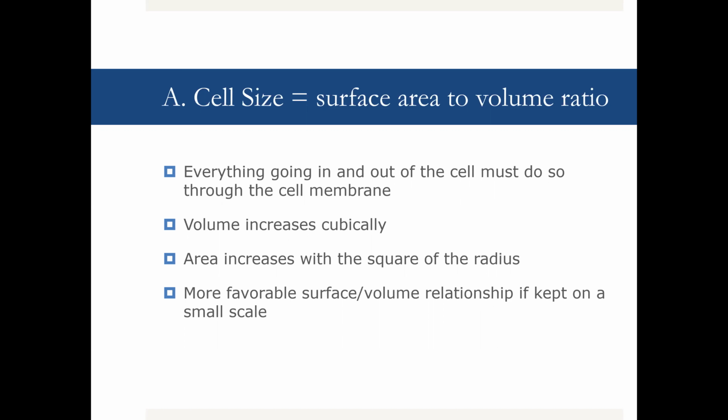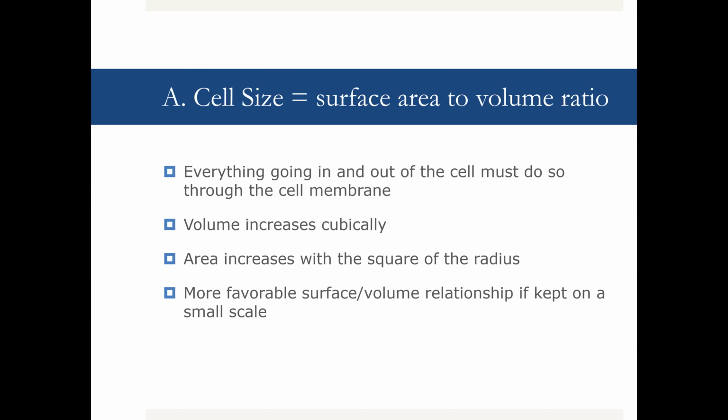The volume increases by the cube of the radius. The surface area increases by the square of the radius. And you can see as the radius gets bigger and bigger, the discrepancy gets larger and larger. The problem with that is that everything has to go through the plasma membrane.